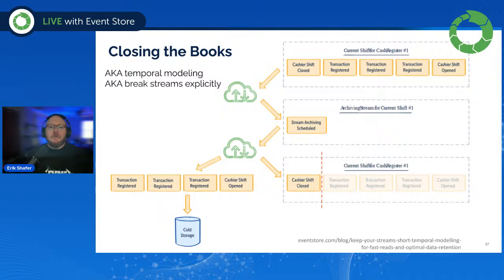Now, when you're closing the books, there's all sorts of different modeling techniques, as I mentioned. Really what you're doing is modeling the temporal aspects of your domain, temporal modeling, not to be confused with bitemporal modeling, but really you're saying, okay, this makes sense. This is when we have like a milestone or an endpoint.